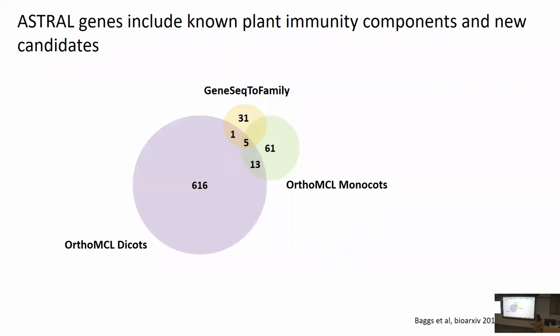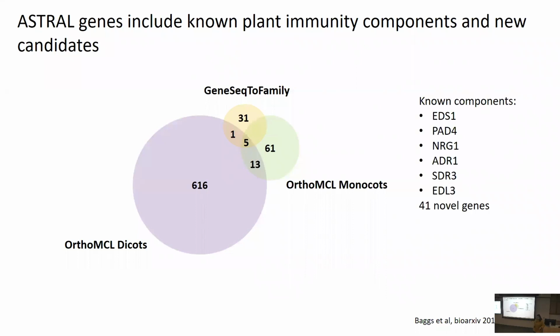And there are overlaps that I told you about between OrthoMCL monocot and dicot, and these genes are called slightly differently. Among the 5 genes that we found, and this is now unbiased, are EDS1 and PAD4, and a few other genes such as NRG1 and ADR1, which, since we've done the analysis, have been shown to be other NLRs that are required for the receptors.